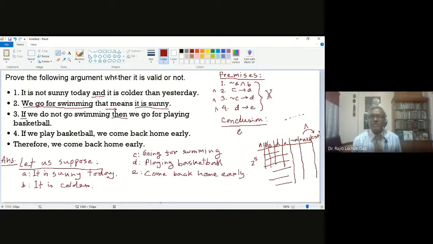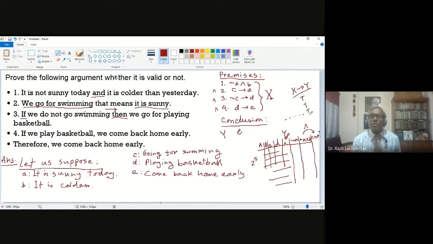That is your premises, fine. And then the conclusion is only one thing, so it is y. Now you check the x results against the y results. You go for the last column, x implies y, and check whether you have all true or not.